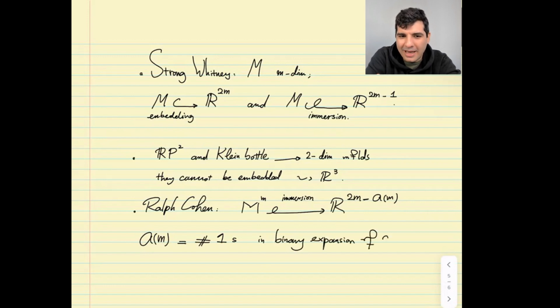So A(M) denotes the number of ones in the binary expansion of M. For instance, M would be something like 1100101, something like that. Here, A(M) would be 4, the number of ones. You can immerse your manifold into R^(2M-A(M)), where A(M) is 4, for instance, here. This is a very strange theorem. This is quite interesting. So it gives a better bound for the immersion.